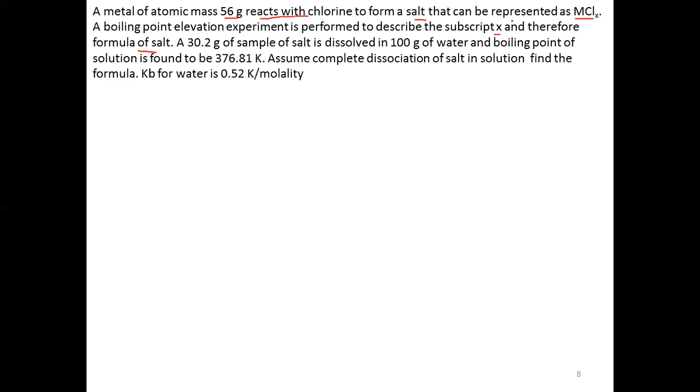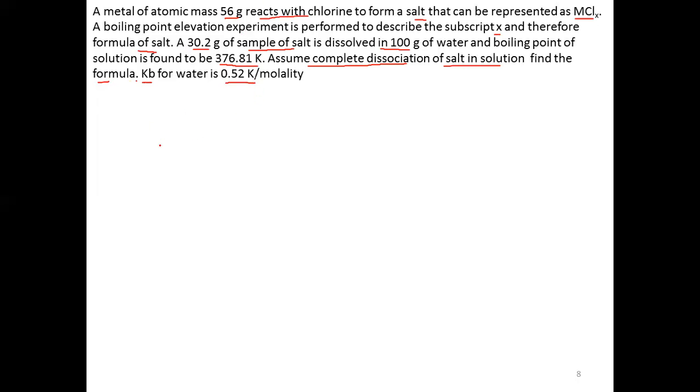That means we have to calculate X. He says that 30.2 gram of salt is dissolved in 100 gram of water, and boiling point of the solution is given. It is 376.81 Kelvin. Assume complete dissociation of salt in solution. Now this is very important. Find the formula. Kb for water is 0.52 Kelvin per molality.